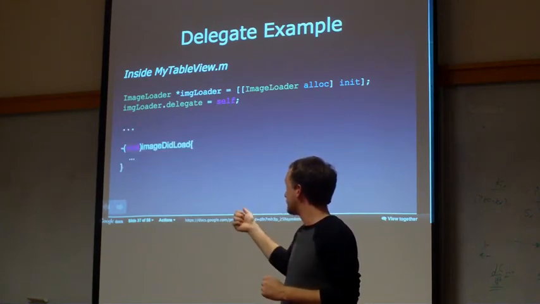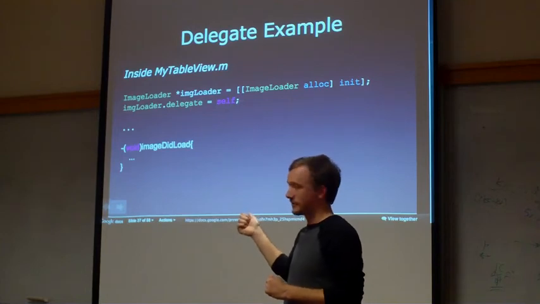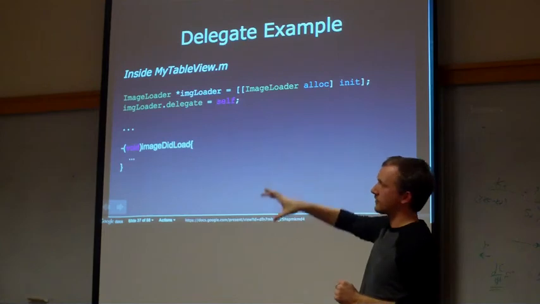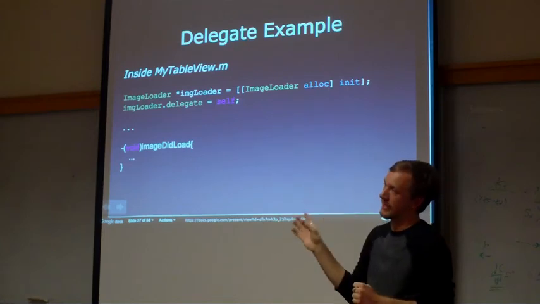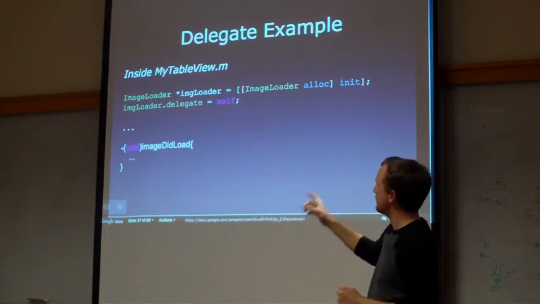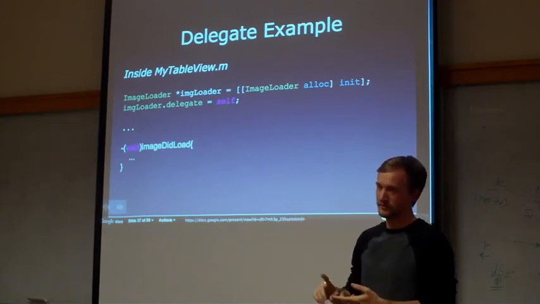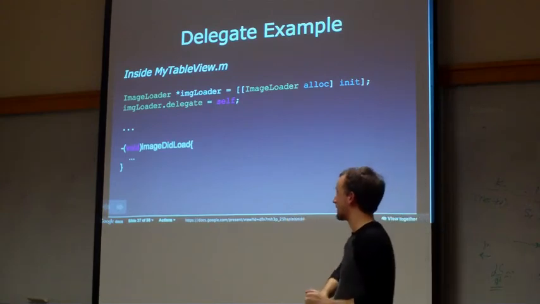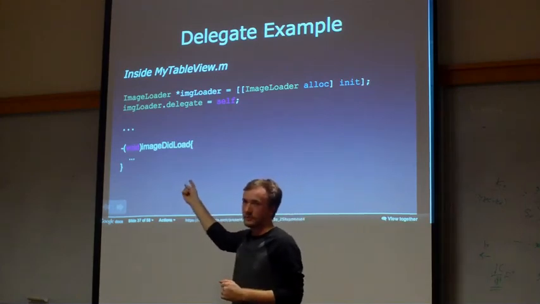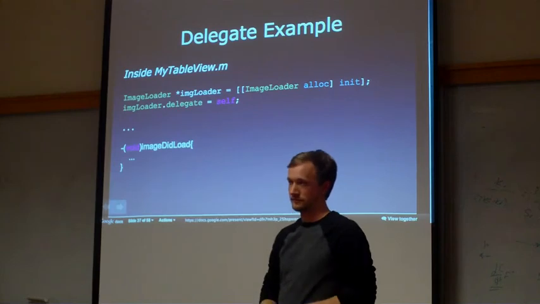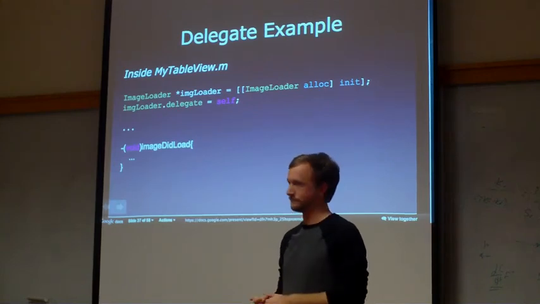And then we're also defining the function image did load. So again, image loader says I can send this message. MyTableView says I can receive this message, and when I do, this is what I'm going to do. So in the example I gave, in this image did load function, we would have stuff like take the image, pop it into a cell, release the image. We're done with it.